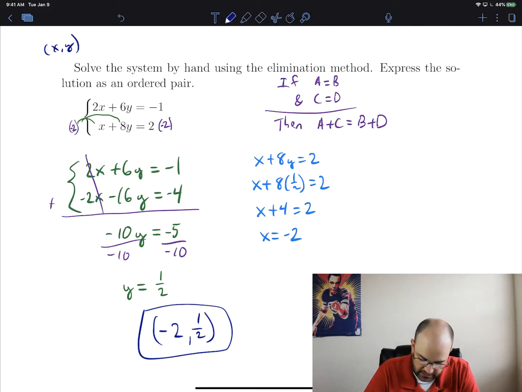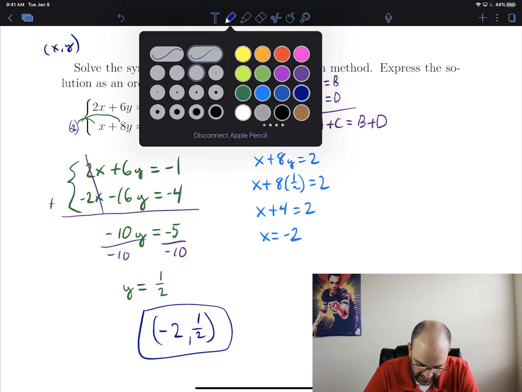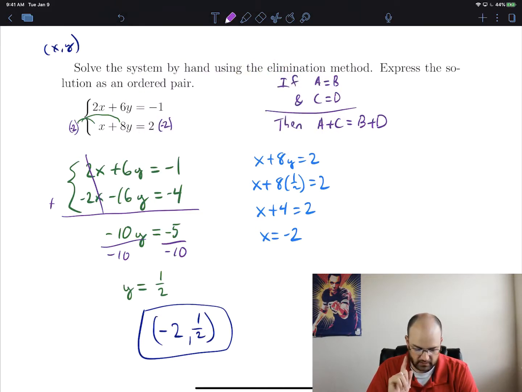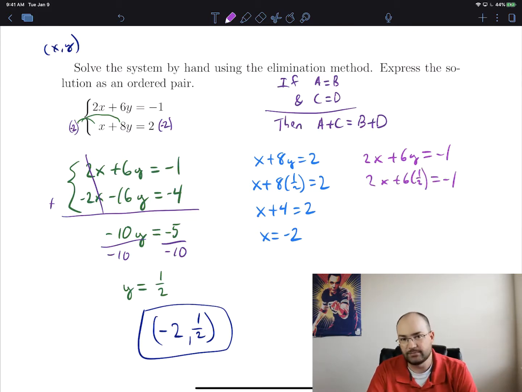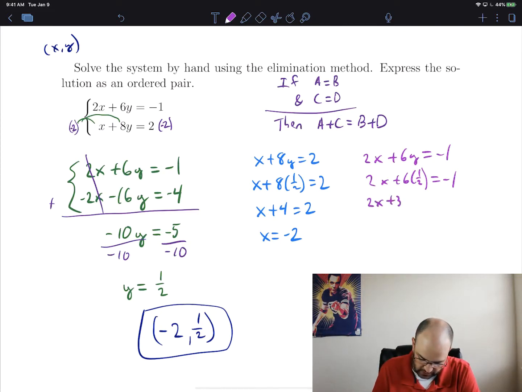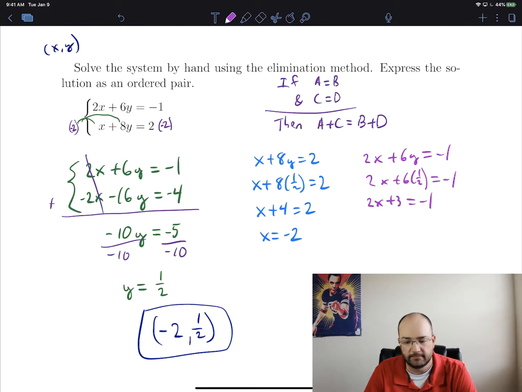But I do want to go ahead and see that you didn't actually have to use that second equation. You could have plugged it into the first equation. So let's see how that would have worked. If we plugged it into 2x plus 6y equals -1, well, we get 2x plus 6 times positive 1/2 equals -1. 6 times a half is 3, which gives us 2x plus 3 equals -1.